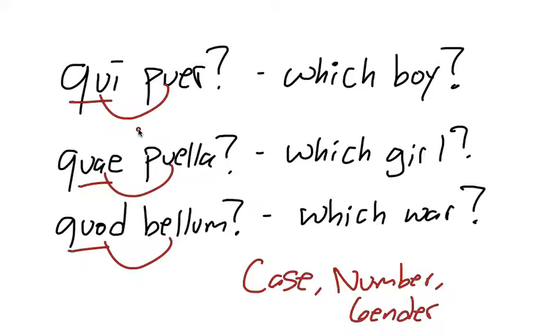Ask yourself, is there a noun that's placed next to it that agrees with it in case, number, and gender? If there's a noun right next to it, then it's going to be an interrogative adjective.